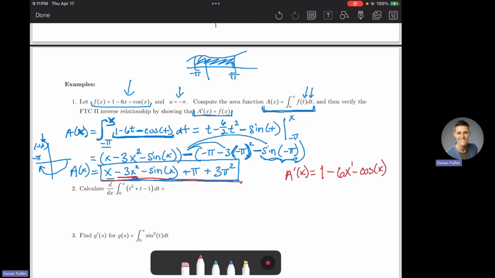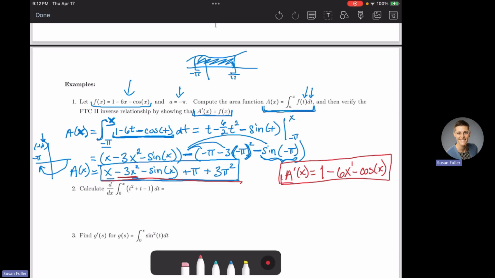The derivative of pi, that's 0 because it doesn't have a variable in it. Plus the derivative of 3 pi squared also doesn't have a variable in it. That's a constant, so its derivative is also 0. So this is the derivative of my area function.